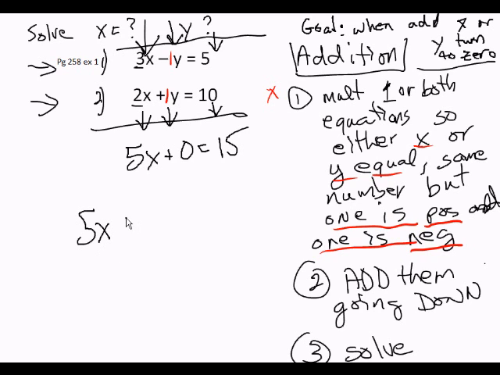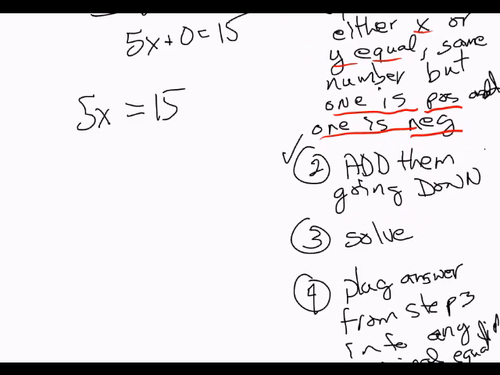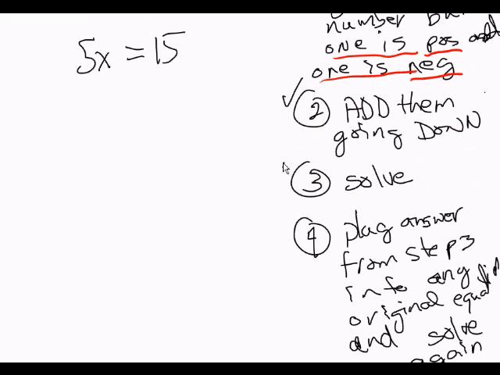Now I'm going to add these. 5 and 10 is 15. So I have 5x plus 0, which is just 5x. 5x equals 15. So we just did step 2. Do you see I just added them down? Either the x or the y is going to go away. The y went away.